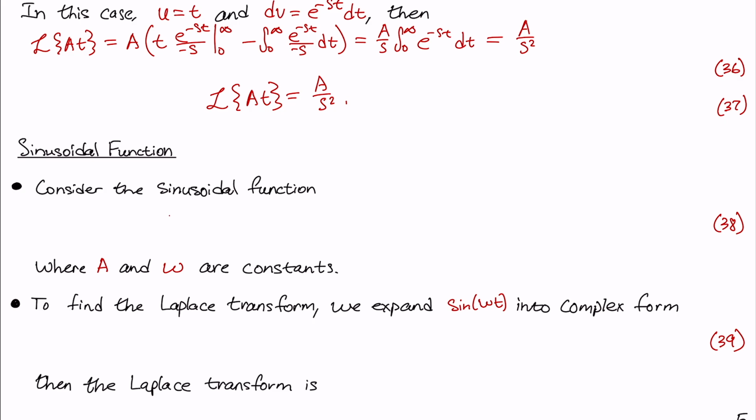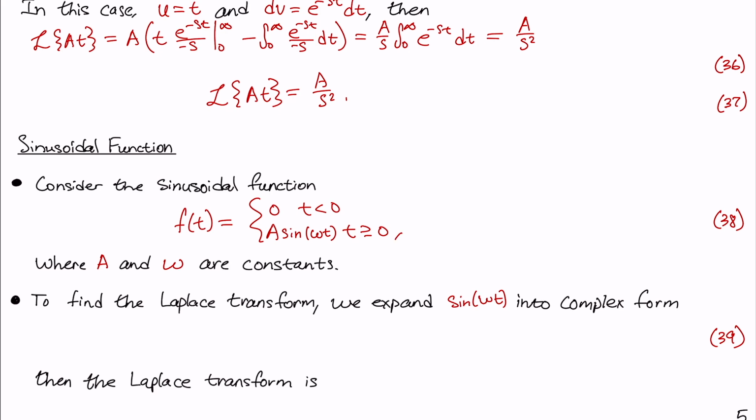Okay, we'll now consider a sinusoidal function, f(t), again 0 for t less than 0, and in this case a times the sine of omega t for t greater than or equal to 0. And again, a and omega here are constants.